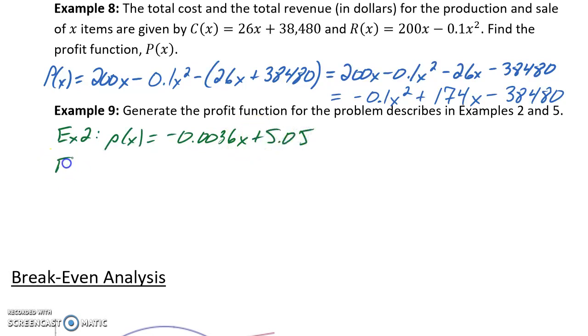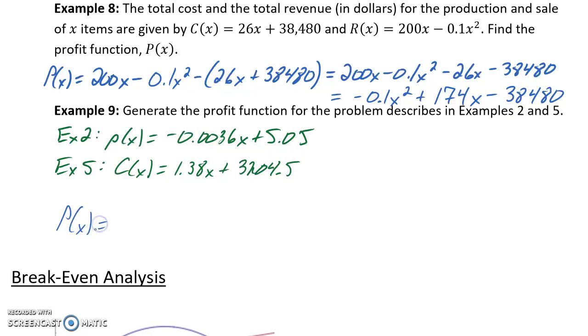And in example 5, we generated a cost function. And now what we're asked to do in this example is generate that profit function, P of x, which would again be R of x minus C of x.